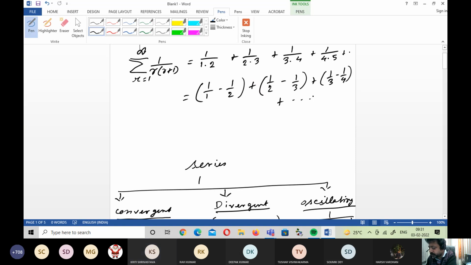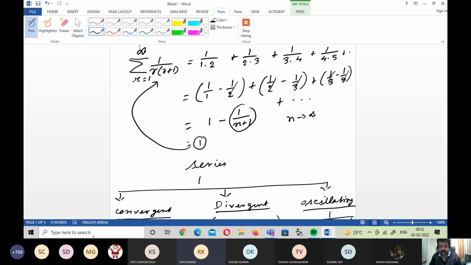So you can easily write that minus 1 by 2 and 1 by 2 cancel, 1 by 3 and 1 by 3 cancel. This will go on, so it will be 1 minus 1 by n plus 1. Now if n tends to infinity, 1 by n plus 1 is 0, so it tends to a finite limit. So you can easily consider that this series is a convergent series.